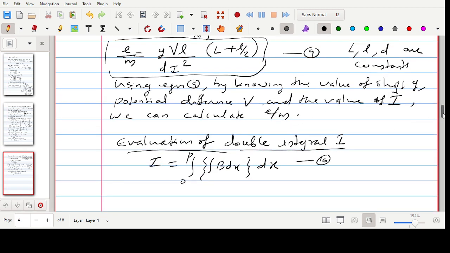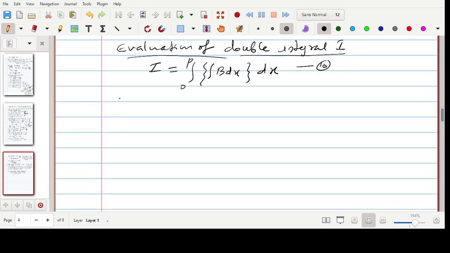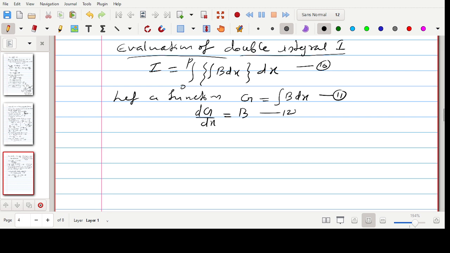Now let us assume another function. Let a function, we are taking a new function. Let us give its name g. Let a function g equal to integral b dx. Then what is dg by dx? dg by dx will be equal to b.